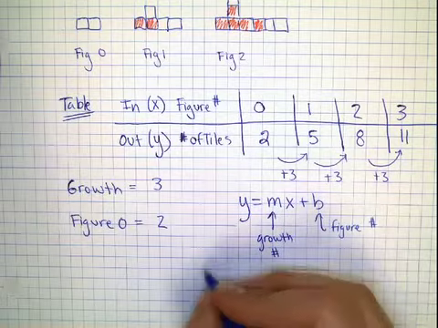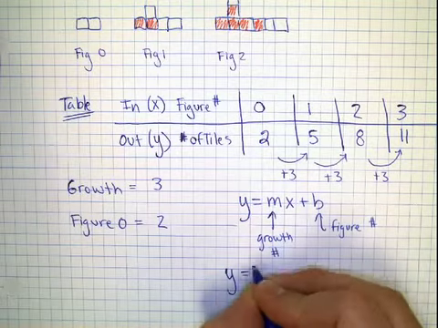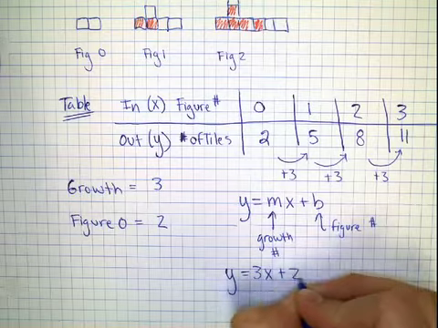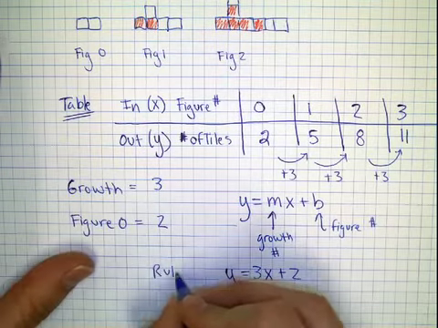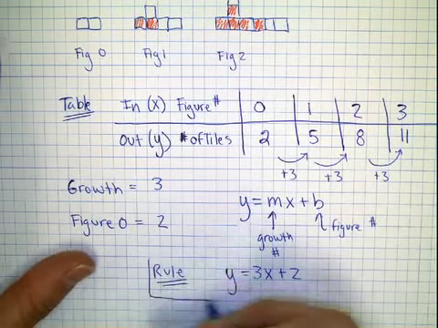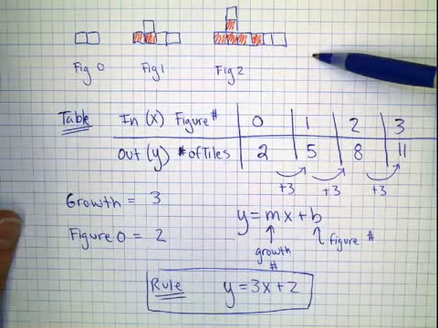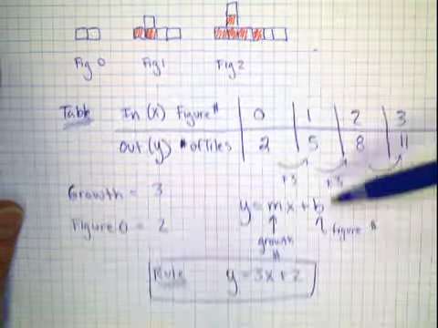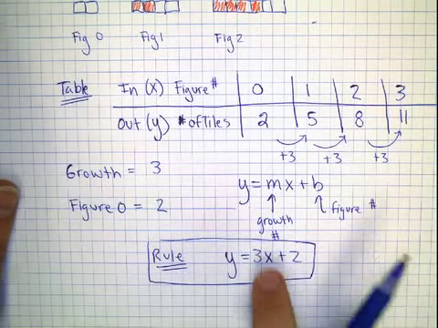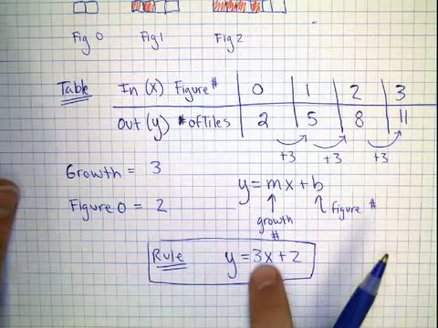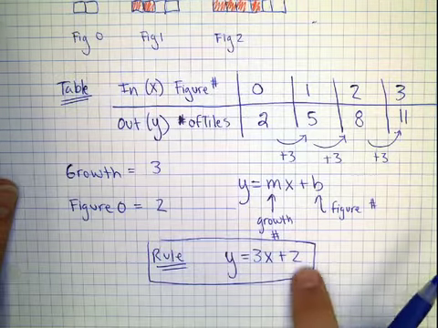So the rule for this pattern is y equals 3x plus 2. Okay, here's our rule. I'll put a box around it. So you should be able to look at a pattern like this and make a table, write a rule. The rule always has the growth number with the x and always has figure 0 on the end.